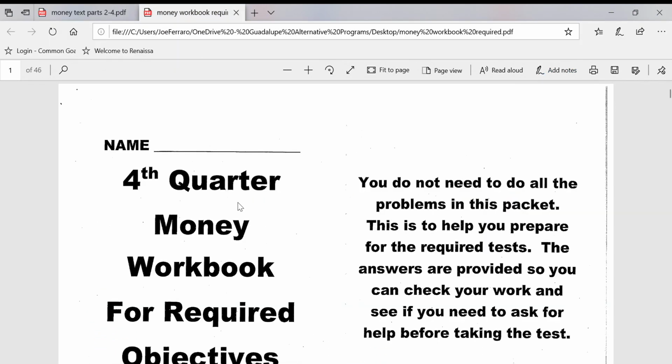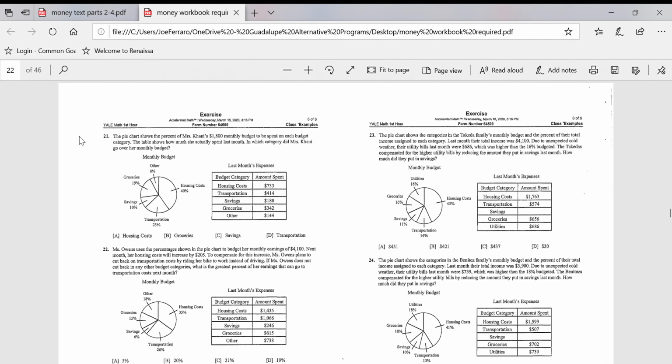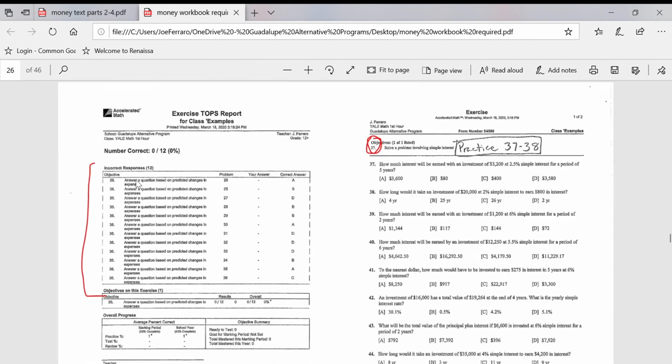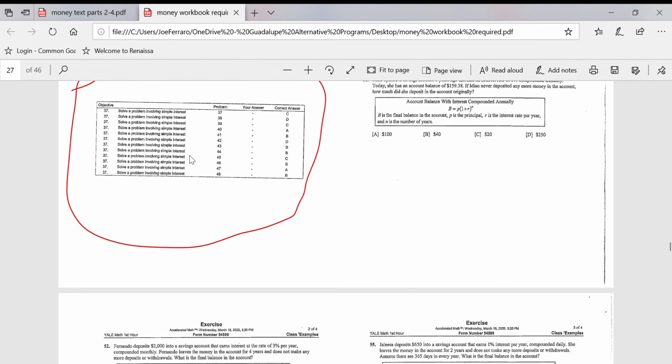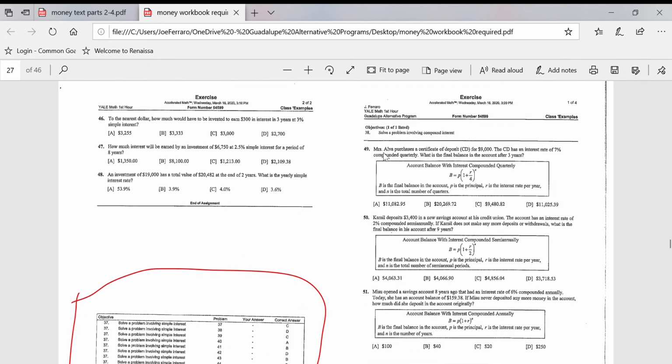Again, if you get to your workbook, not sure what page you'd be on. Let's see. You want to find, so here's the beginning of practice 37 and 38. 37 goes much faster. Check your answers, and then start doing some of these.